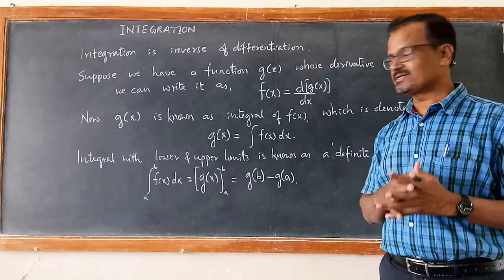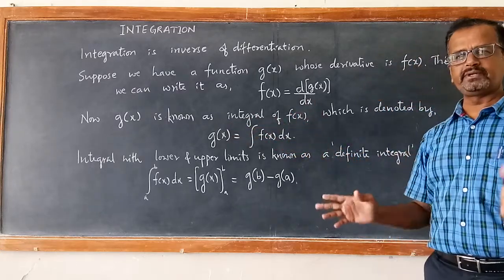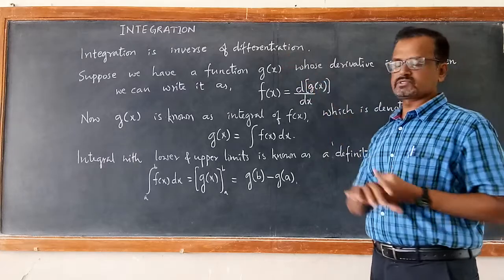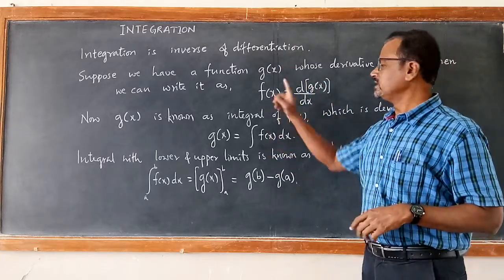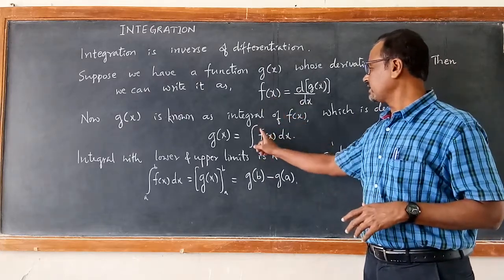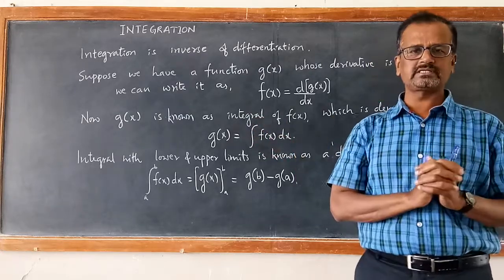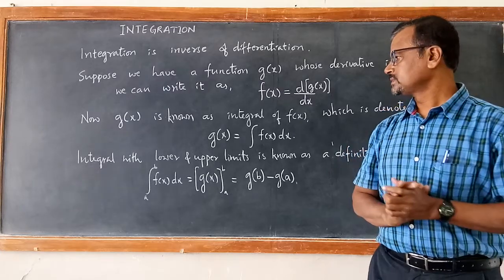Then what is integration? Here g(x) is now going to be the integral of f(x). It is just the inverse process of differentiation. So if you carry out the integration of f(x), taking this dx to this side, we get f(x) dx. Integration of f(x) dx results in g(x). This is the meaning of integration.